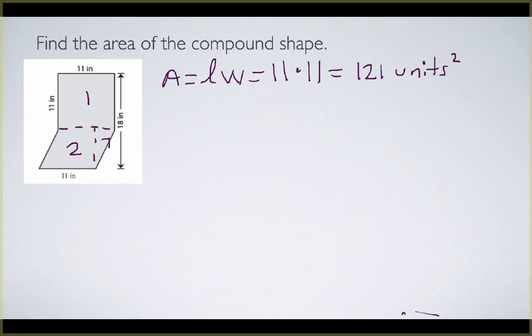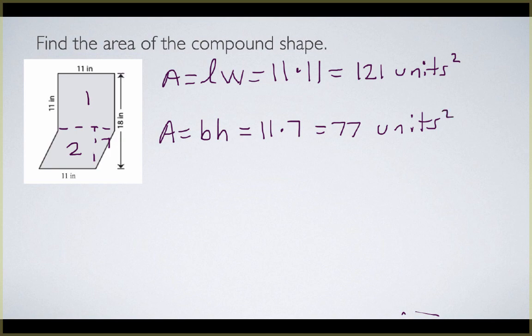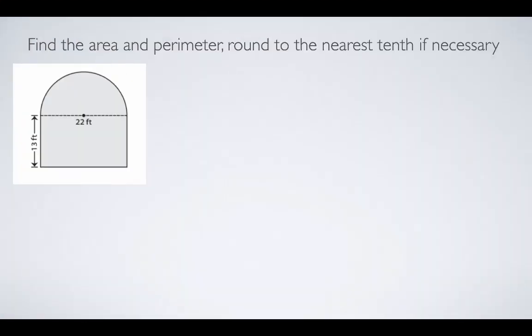For our parallelogram, the area is the base times the height, which is 11 times 7, and we get 77 units squared. Our total area, when we add them up, is 121 plus 77, which equals 198 units squared.